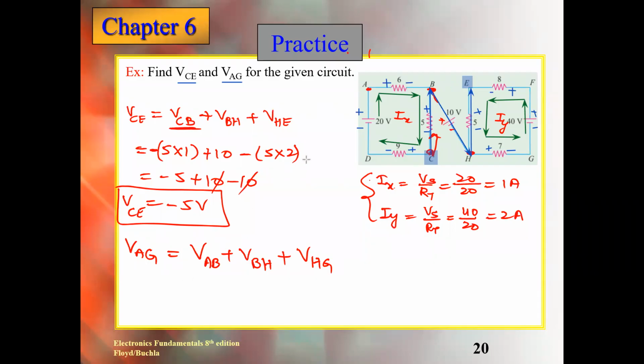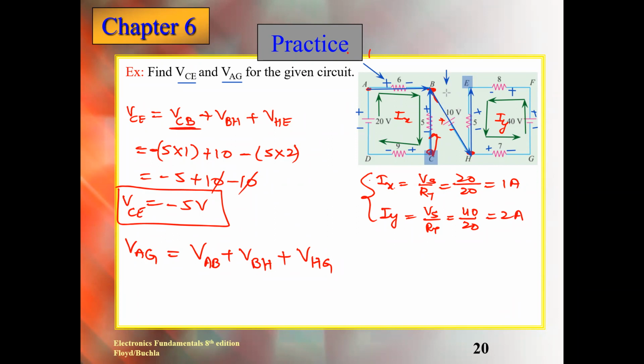Yes, so it is going to be positive, right? Which one? The first one, VAB. So when you go from A to B, what is the first sign? Can't you see this? Similarly, then B to H. What is the first sign?